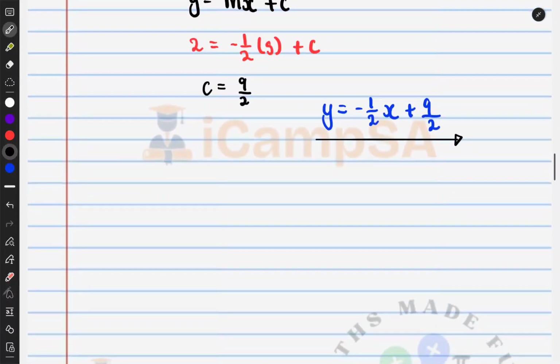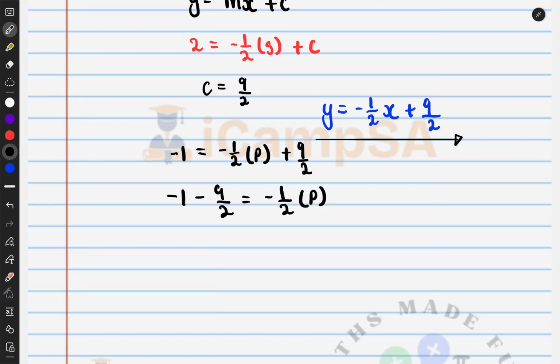Let's substitute. -1 is equal to -1 over 2 times P plus 9 over 2. Let's go ahead and solve for P. -1 minus 9 over 2 is equal to -1 over 2 times P. -1 minus 9 over 2 is minus 11 over 2.